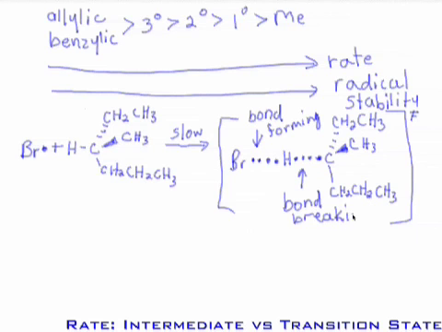And here's the important point. Notice what's happening in the transition state. The bromine is losing its lone electron. As that bond forms, it's losing its radical character. As this bond breaks, this carbon's starting to get radical character.